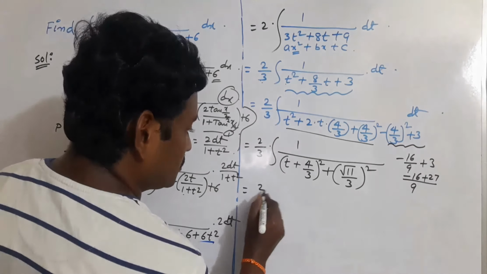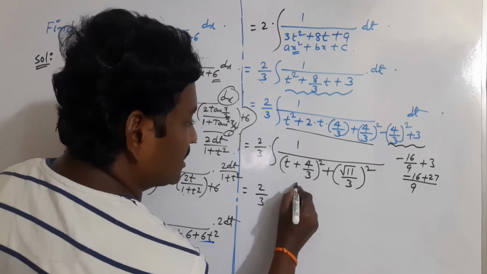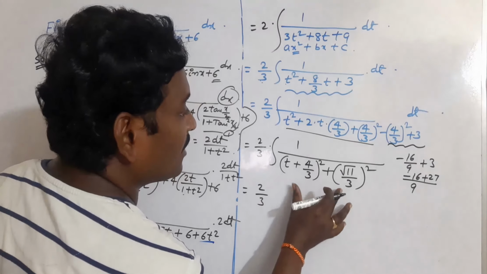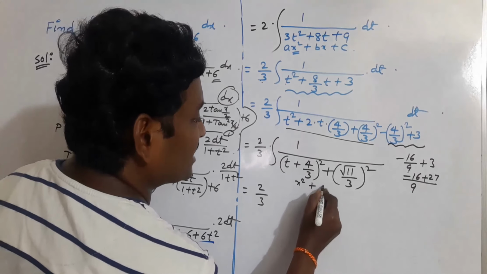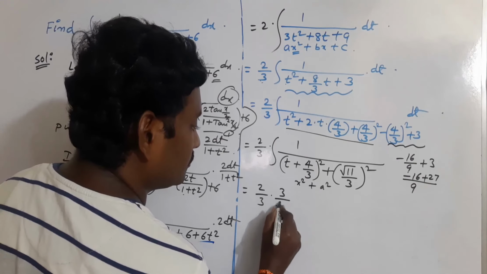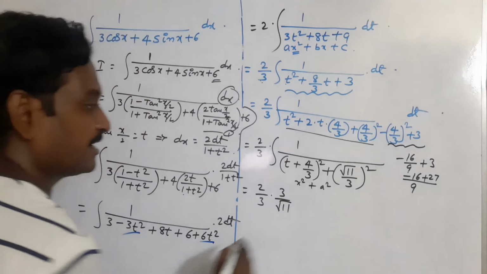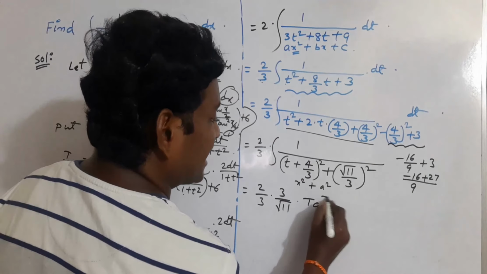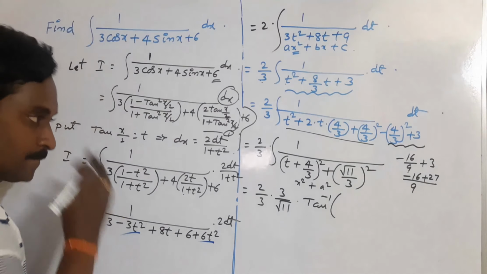So 2 by 3 into, now what is the structure of this one? It is in the form of 1 by x square plus a square. 1 by a means 3 by root 11, into tan inverse of x by a.